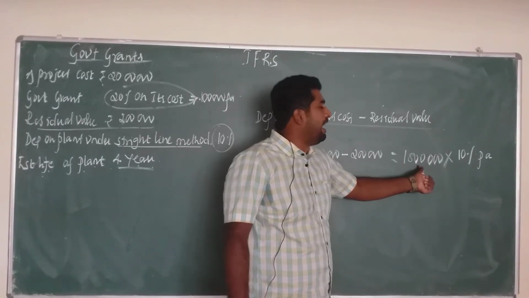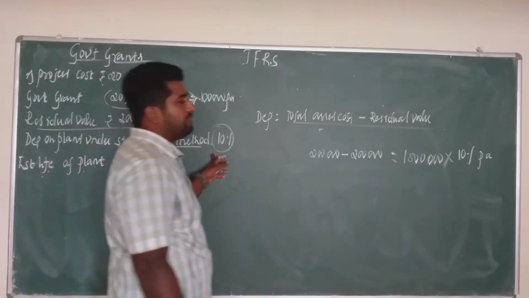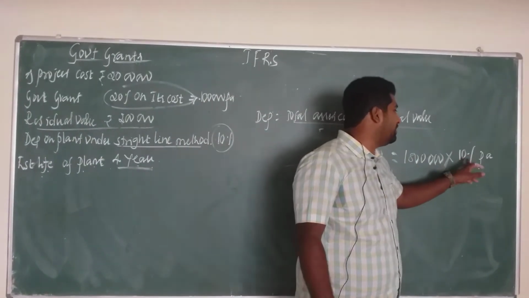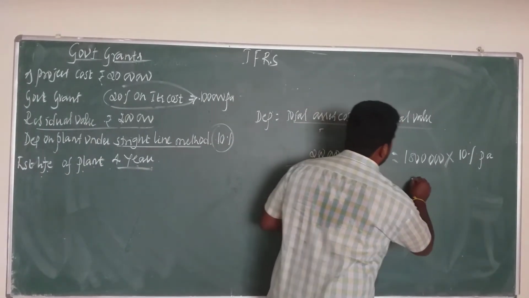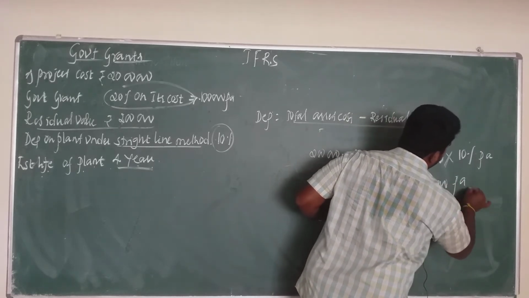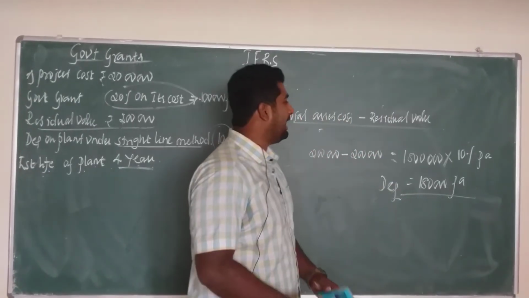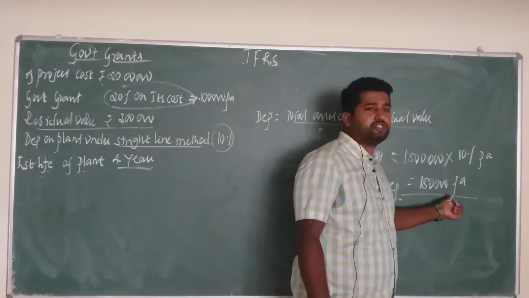What is the remaining value? 18 lakhs. What is the per annum DEP here? That is provided at 10%. So 18 lakhs into 10%, how much? 1,80,000 per annum DEP we need to charge.